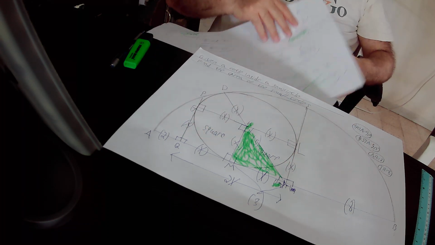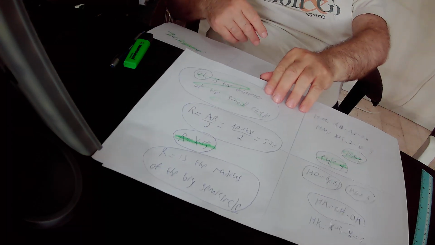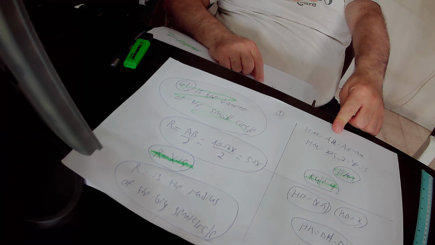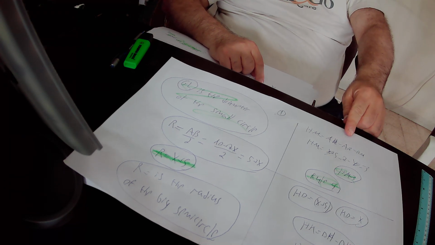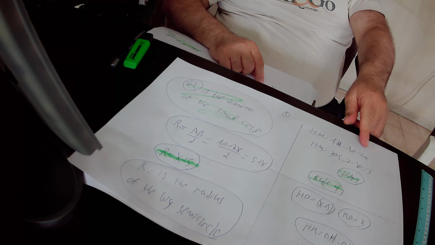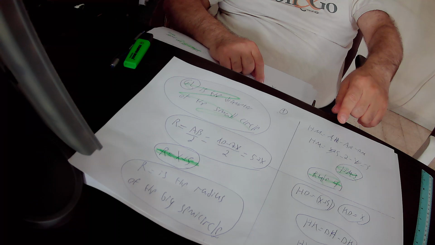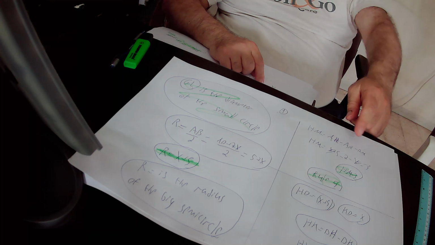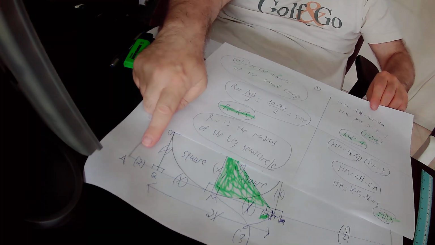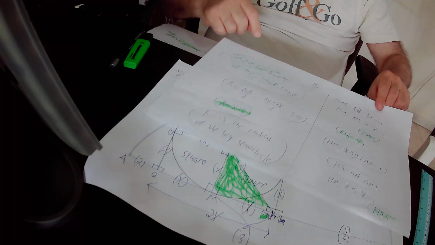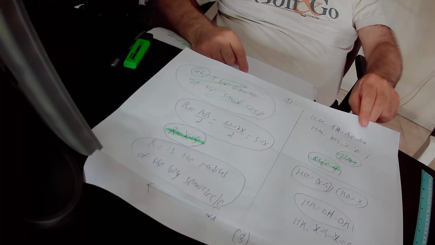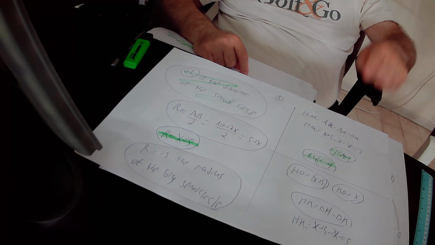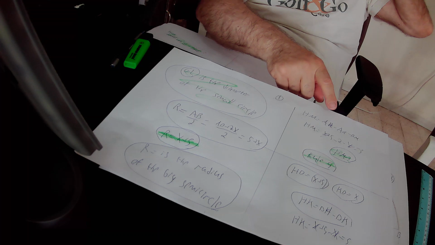So edge M equals x plus 5 minus 2 minus x. x minus x is 0, and 5 minus 2 is 3.